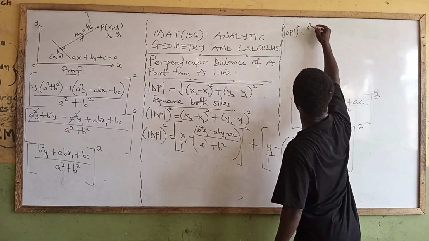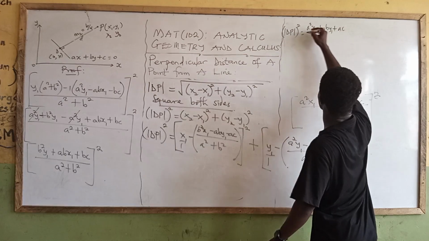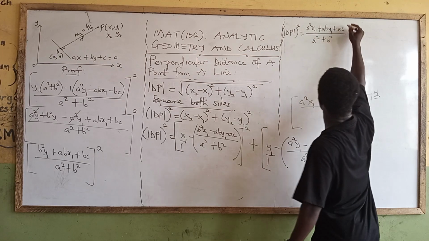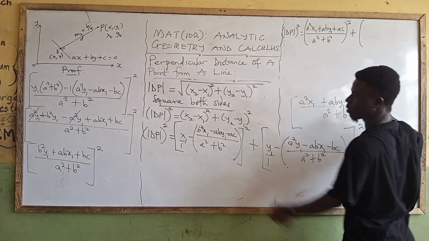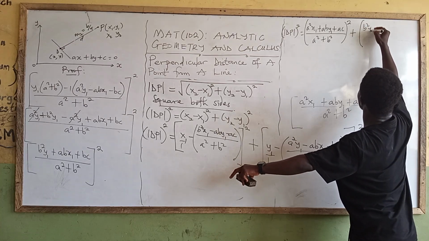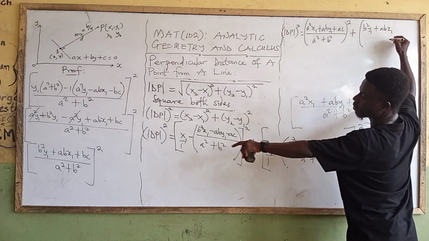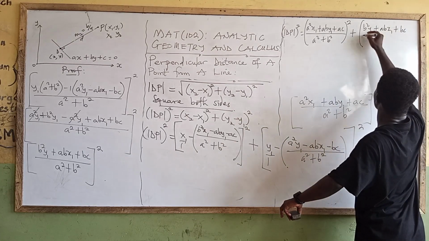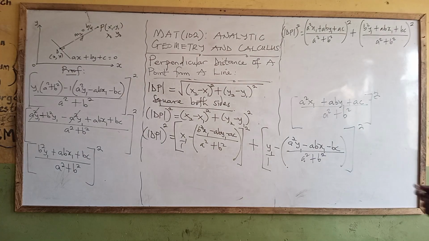So I have a squared x1 plus aby1 plus ac divided by a squared plus b squared all squared, then plus our b squared y1 plus abx1, then plus bc all divided by a squared plus b squared all squared. So we have this. How best can we solve this, guys, here?